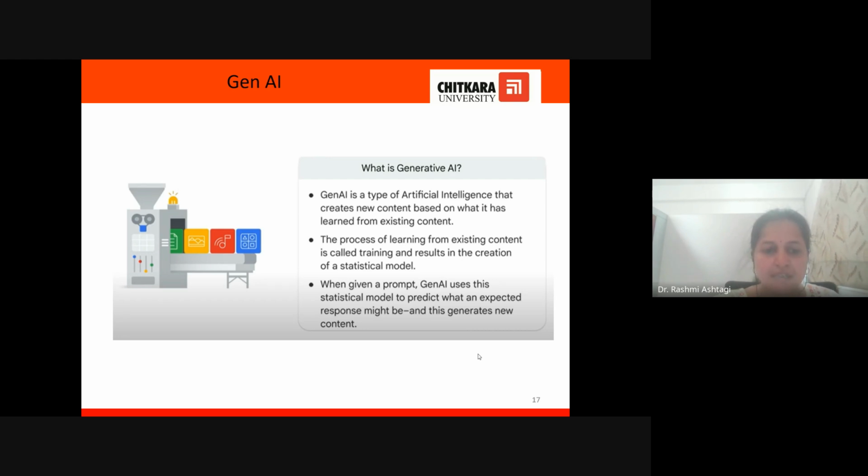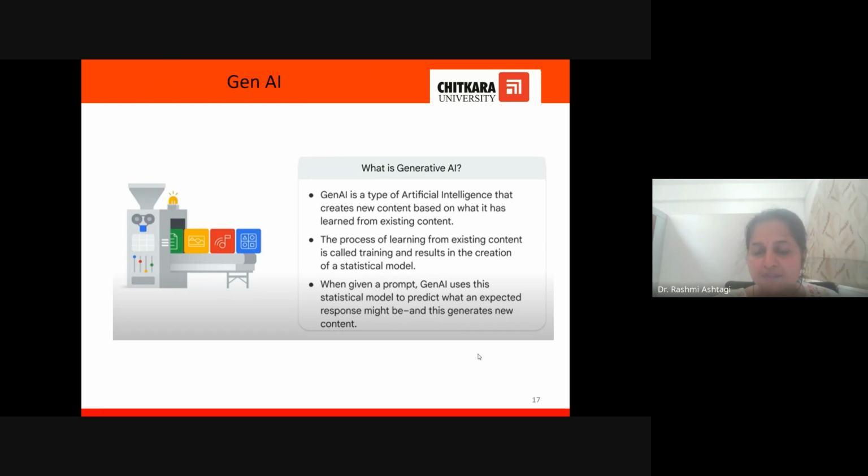If you ask it to answer from a particular PDF, website or paper, it may tell you that it's not able to access it, it's not allowed. But if you copy and paste that content, it will be able to do that.